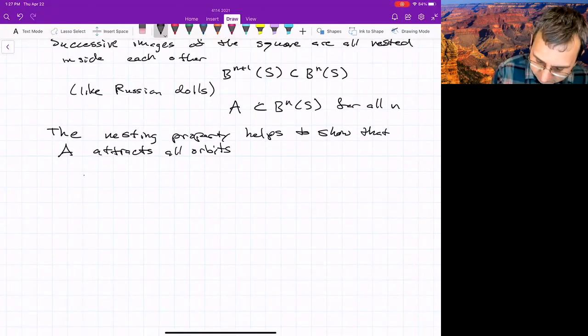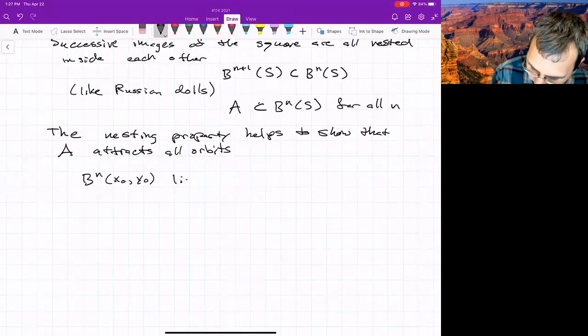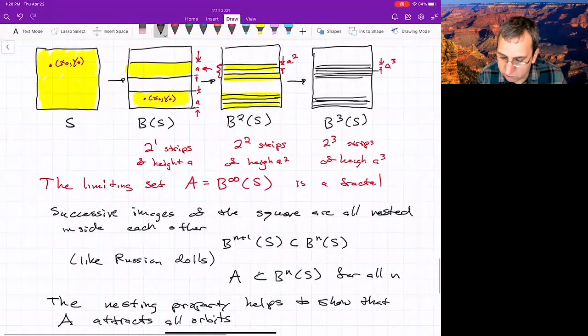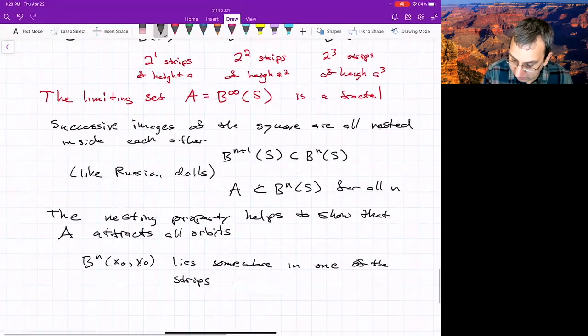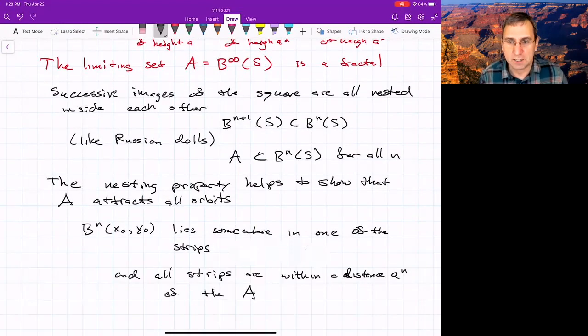Take any initial condition; B^n of that initial condition lies somewhere in one of the strips, for any n. And all these strips are within a distance of a^n of A. A is an attractor. And fractal.